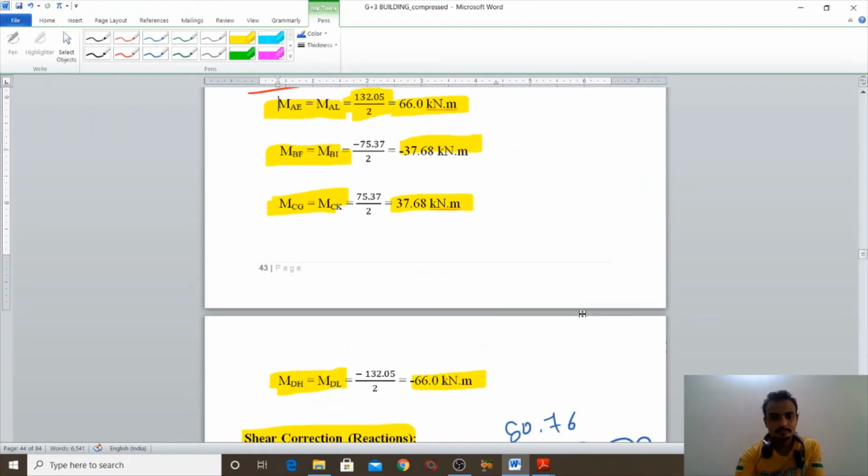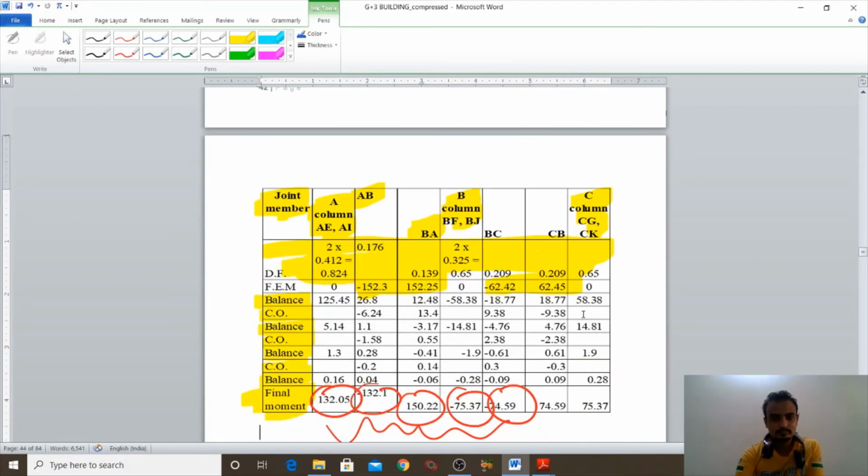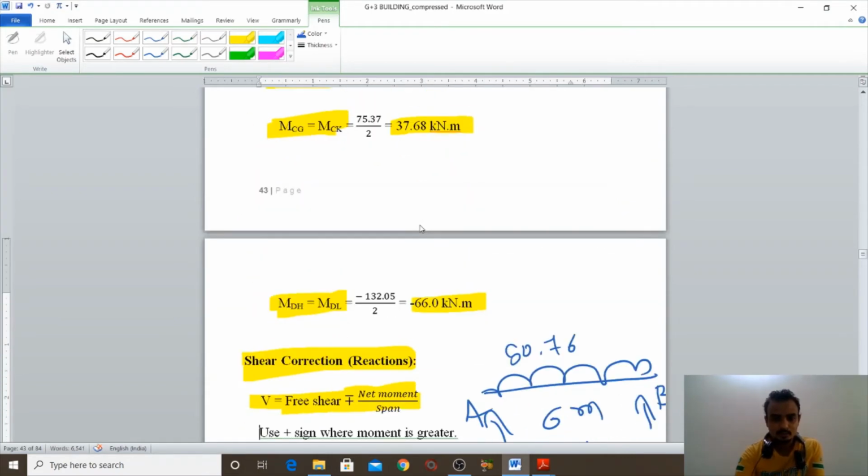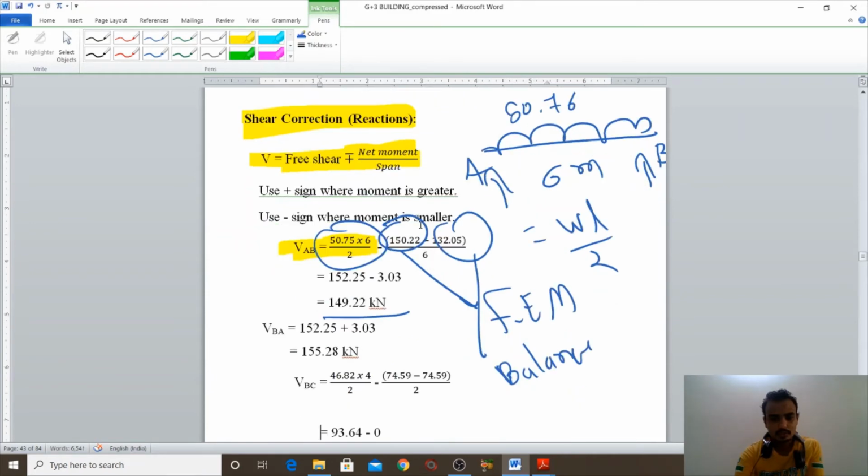Look here, 150.22. Okay, so these are the moments here. So by the moments we found the shear force, shear correction 149.22.